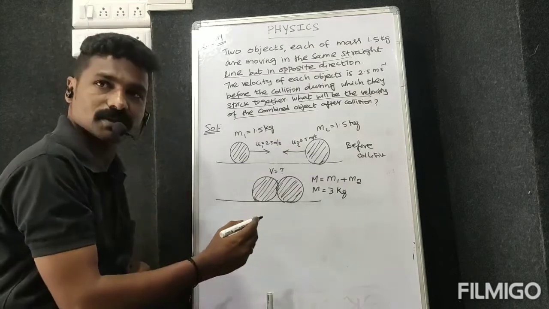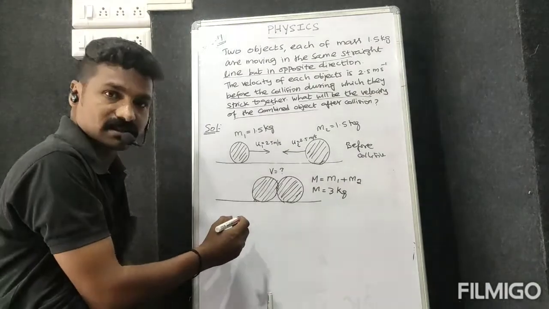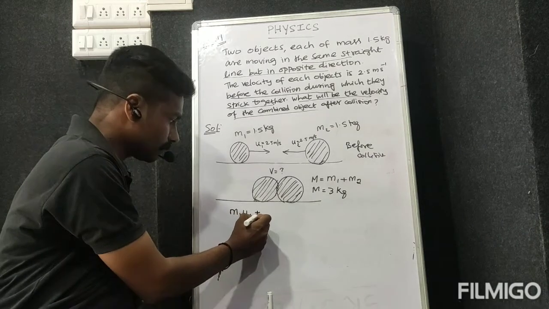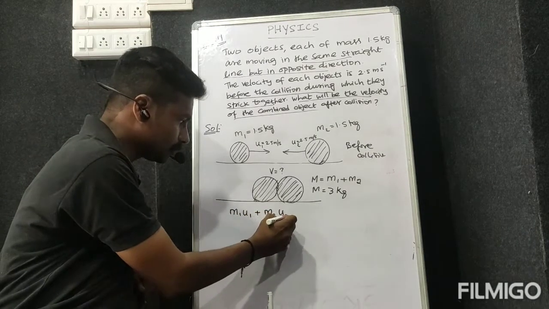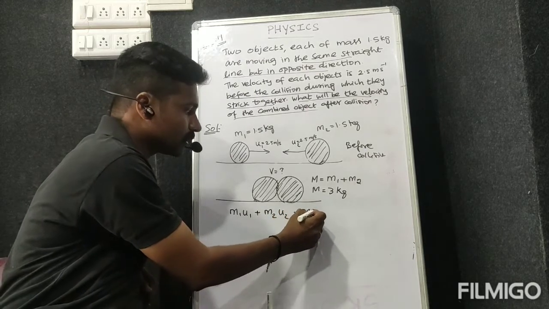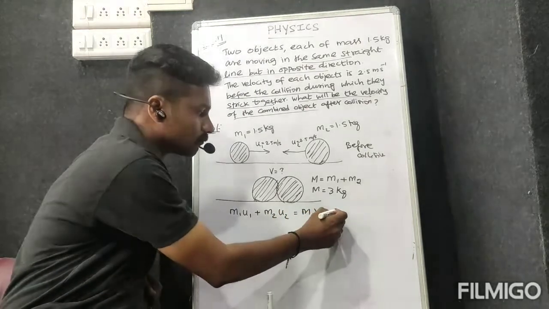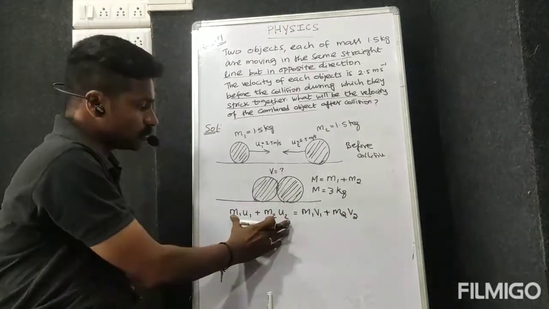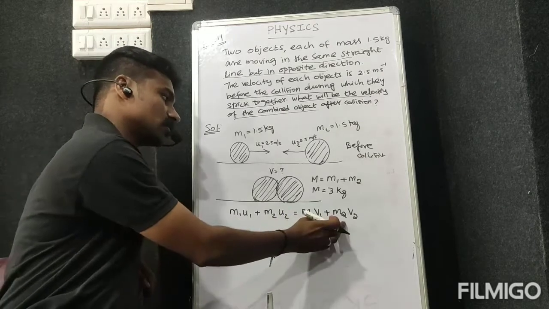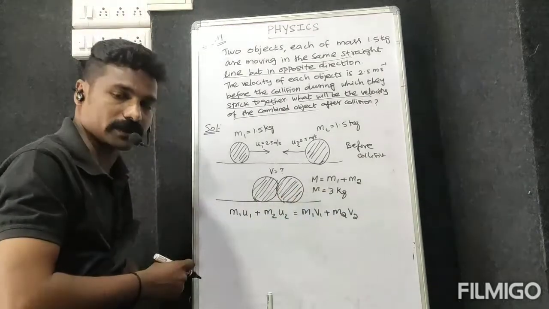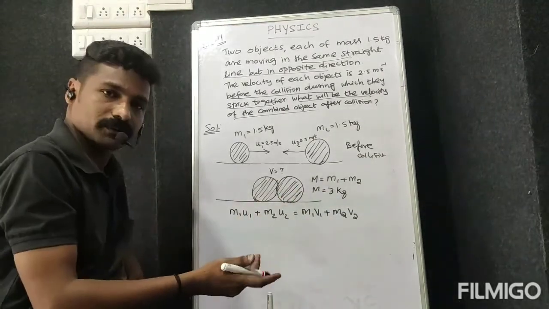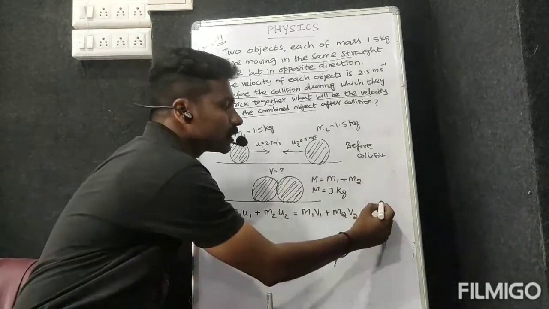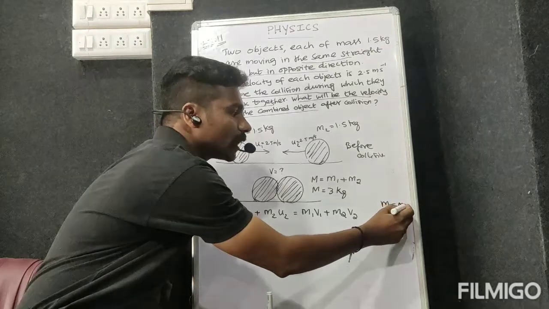Please listen. You know the formula for the law of conservation of linear momentum: M1 U1 plus M2 U2 equals M1 V1 plus M2 V2. This means total momentum before collision is equal to total momentum after collision. In this formula the M value will be the same, because M1 equals M2.